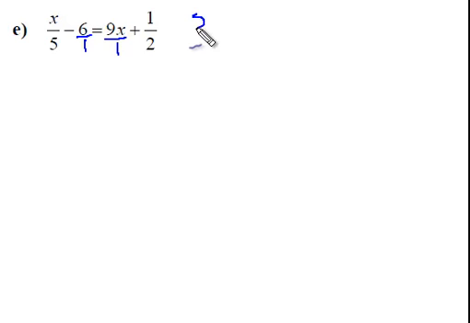So I have 5, 1, and 2 as my denominators. The lowest common denominator of 5, 1, and 2 is 10. I'm going to multiply each of my terms by 10 over 1.